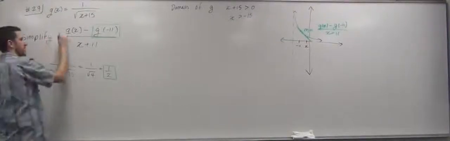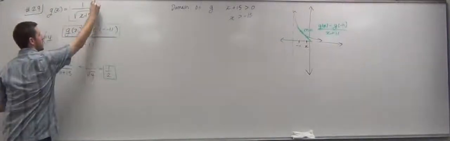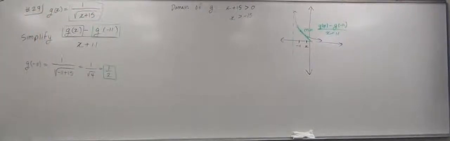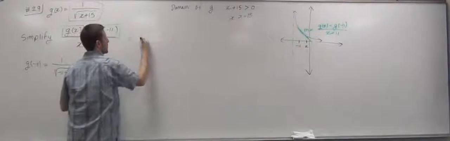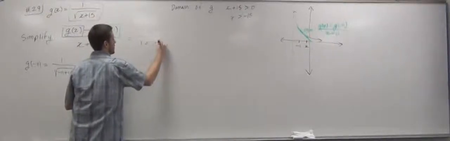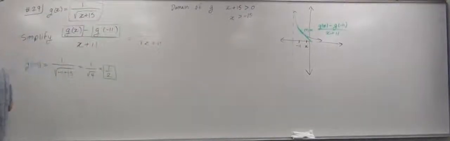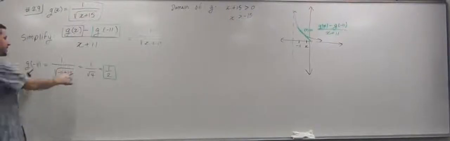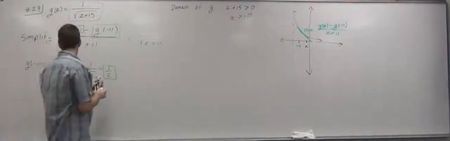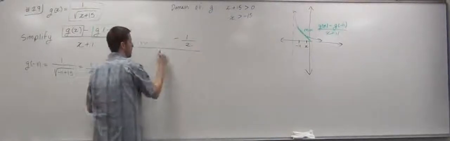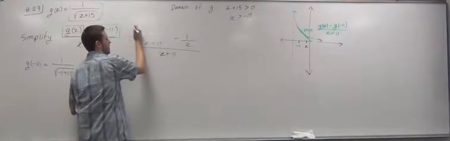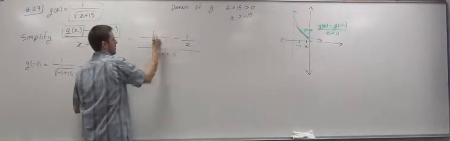G of x was given just like before. So now I can plug things in. This quantity is going to be equal to g of x minus 1/2, right? Because that's minus g of negative 11. All over x plus 11.